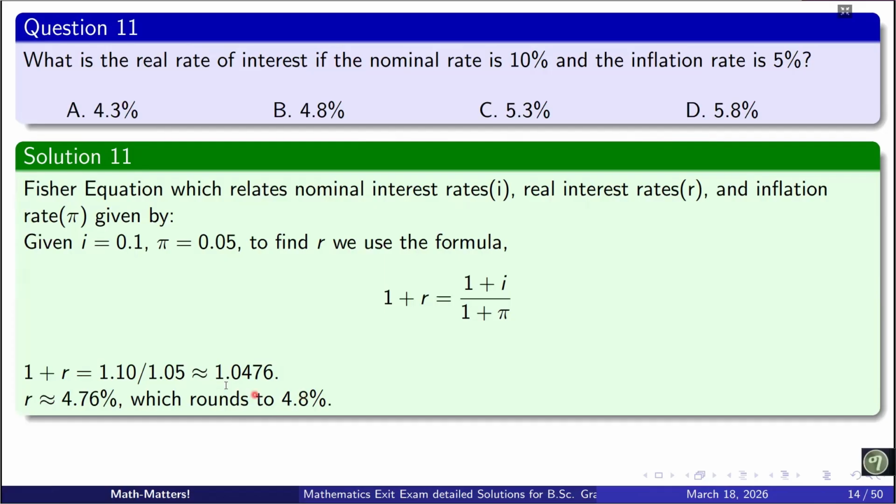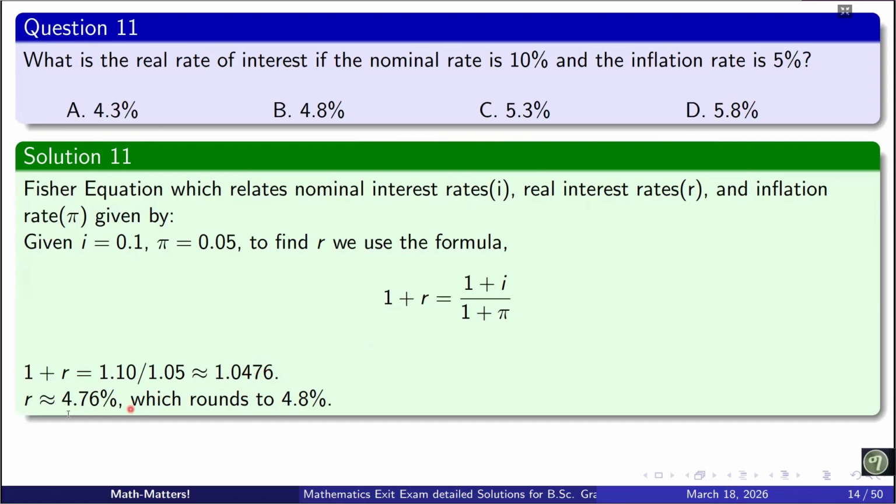So 1.0476 is identical with 1 plus R. To find the value of R here, we have to subtract 1 from this.